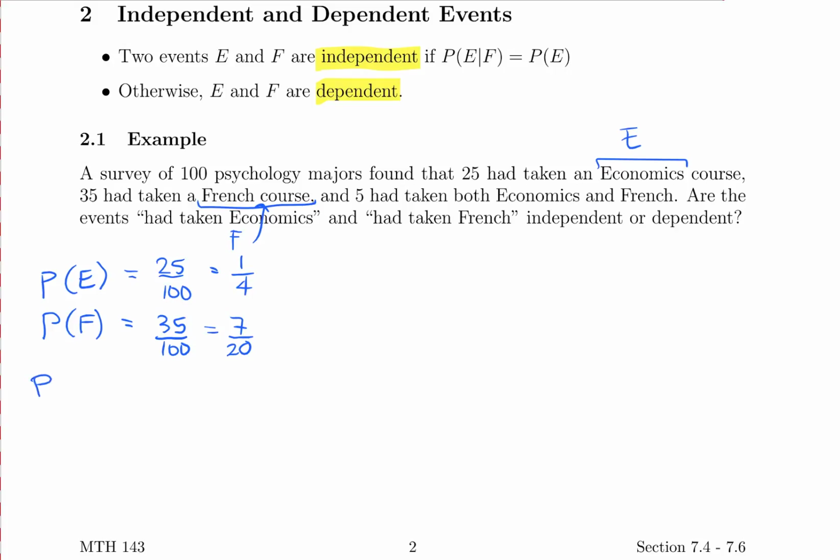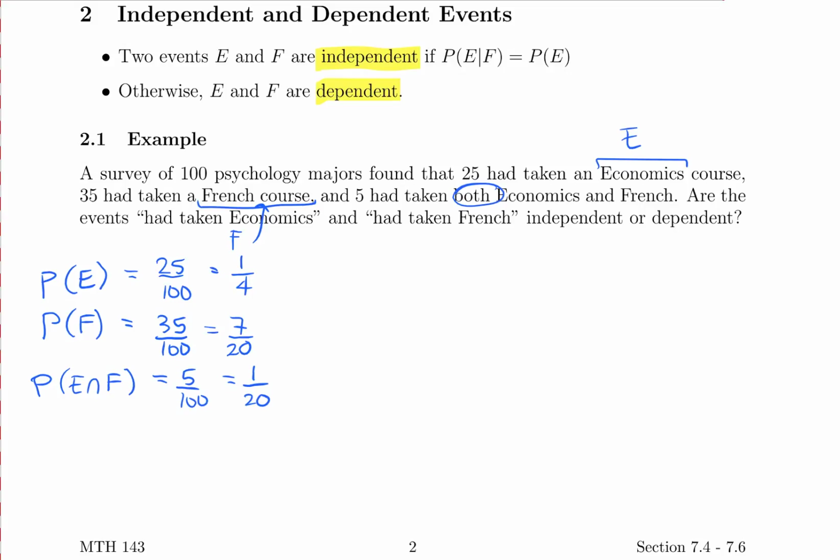And the next thing we have, 5 had taken both economics and French, so that's our intersection. So economics and French classes is 5 out of 100. And if we simplify, that would be 1 out of 20. Okay, so are the events had taken economics and had taken French independent or dependent?